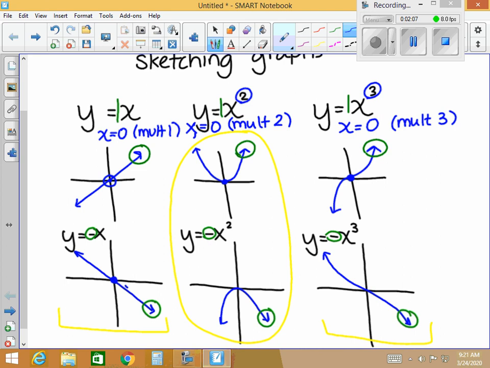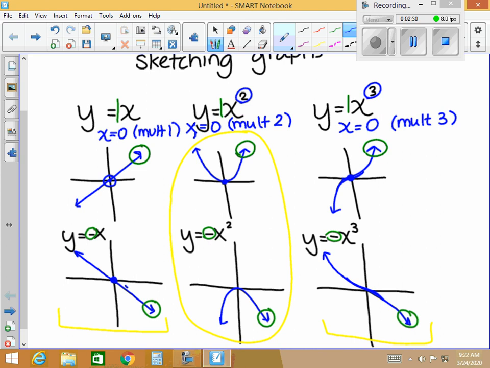If our multiplicity is 1, our graph cuts straight through, like it does for y equals x. If we have a multiplicity 3 or higher, then notice how it has sort of a little bump right here. It kind of gets flat. It doesn't cut through in a straight line like it did with y equals x.